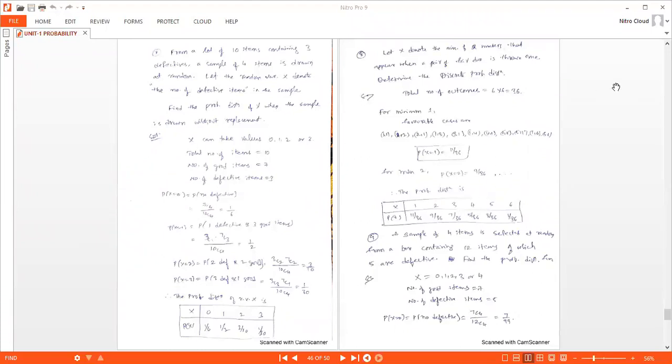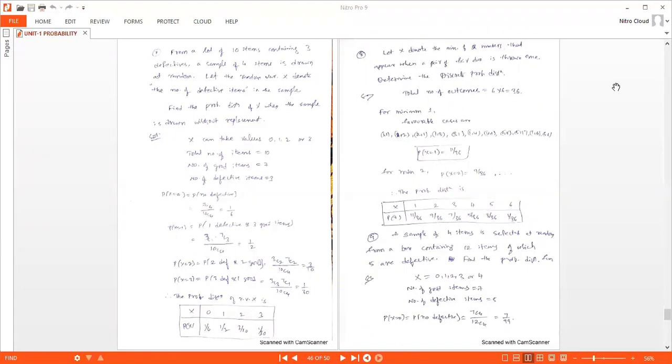Let's see one more problem. Let X denote the minimum of 2 numbers that appear when a pair of fair dice is thrown once. Determine the discrete probability distribution.